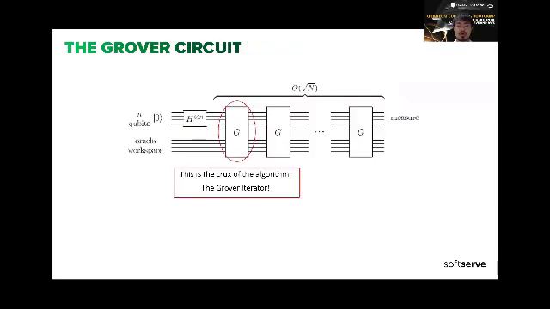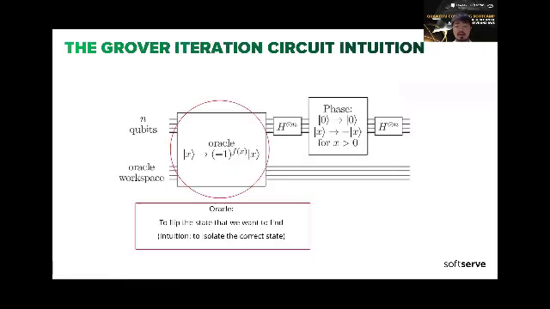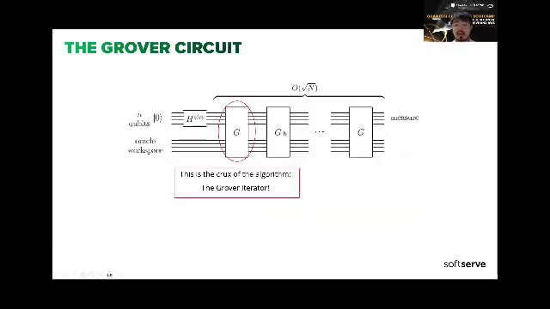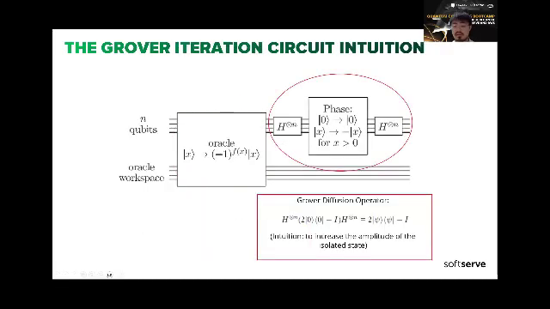If I were to go back here, the crux of the algorithm is a Grover iterator. Each Grover iterator first isolates the correct state we want to find, and then increases the amplitude of the isolated state. We apply it a second time to increase the amplitude again, and we increase it, and increase it, until it's at its highest point.